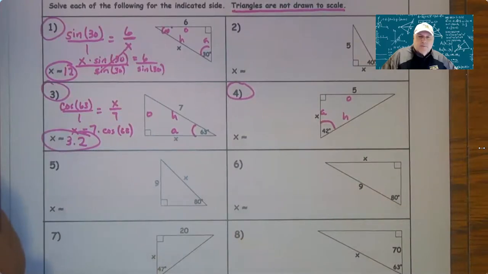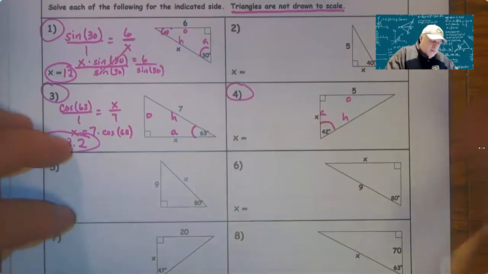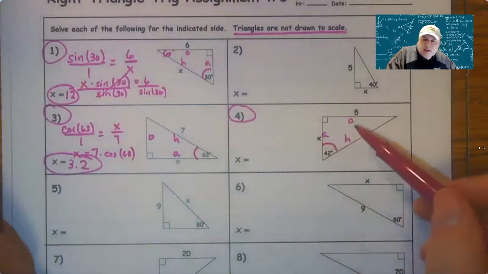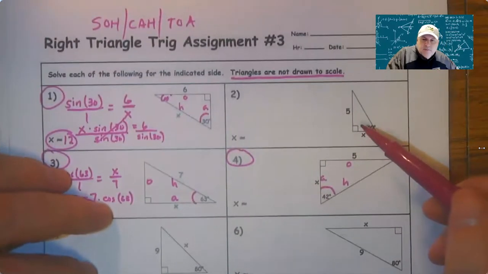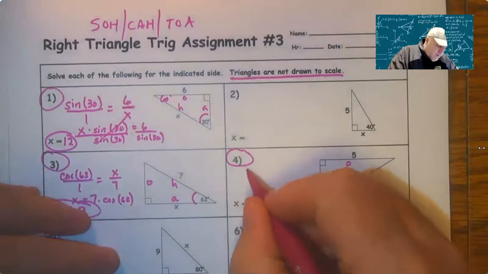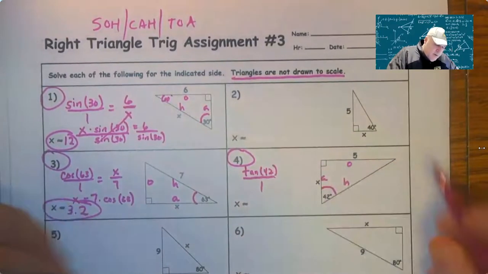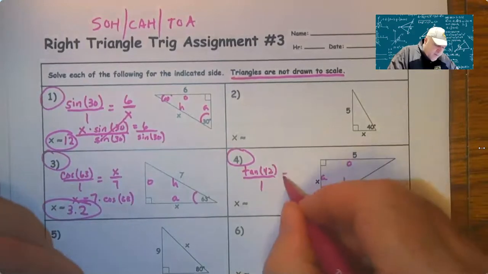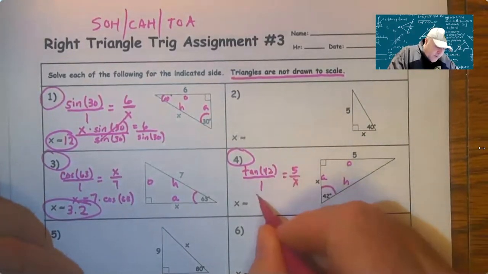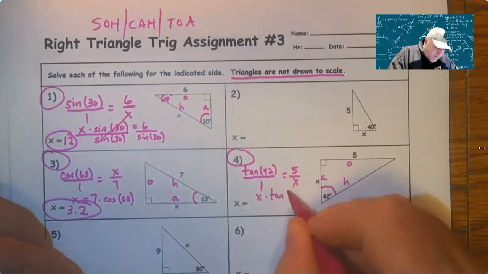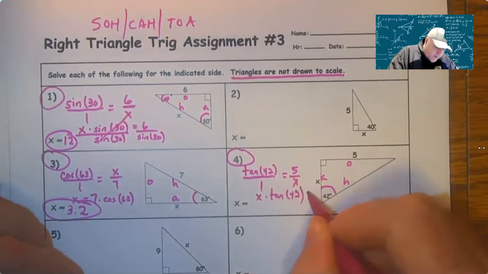All right, so problem 4 is going to be the tangent because you have the O and the A with the 5 and the X. Okay, so tangent 42 over 1 equals 5 over X. Take the cross product, X times tangent 42 equals 5.